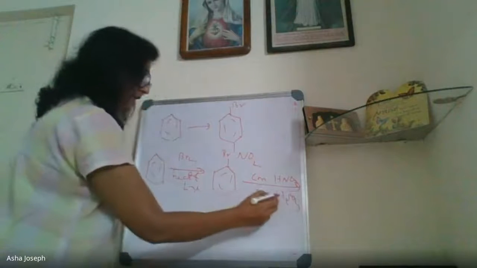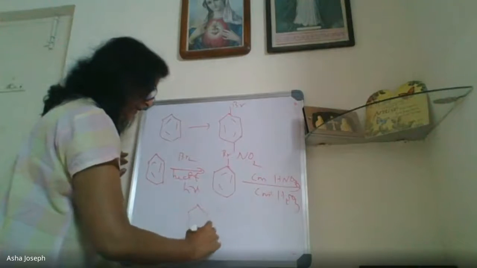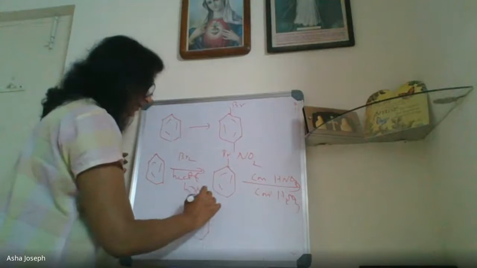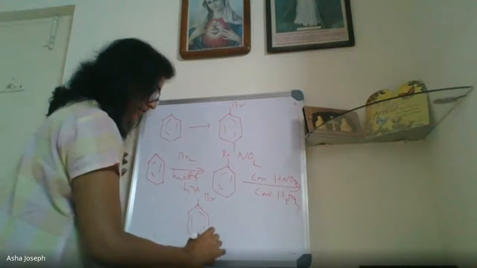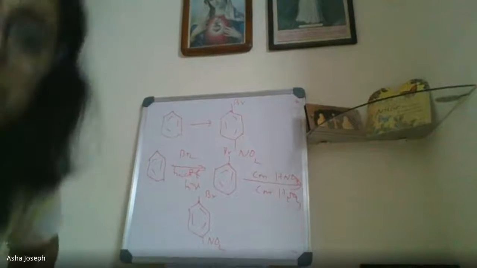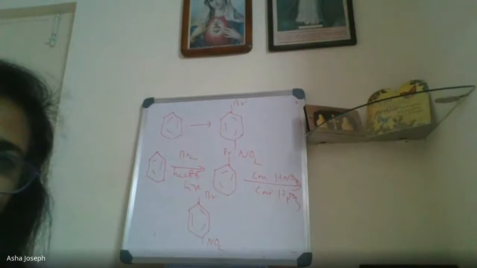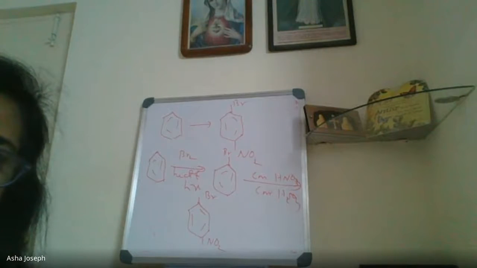The nitro group will go to ortho and para, where para is the major product. They asked for para, so you will write this. Clear? Any doubt you can ask on this. You will see the reactant and product and decide what reaction has to take place. Okay?